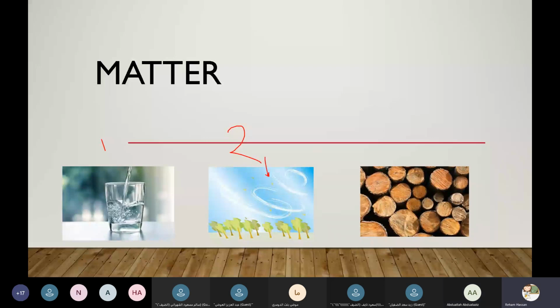We breathe the air. Water, wood, air. Thank you so much, Yahya. So like the water, like the air, like the wood, like many things. So matter is everywhere, and all things are made of matter.